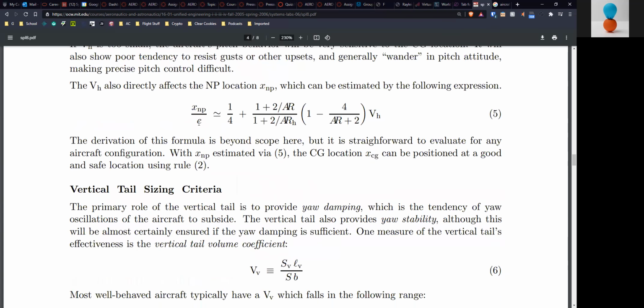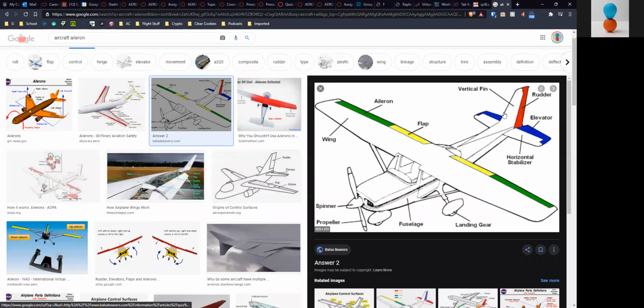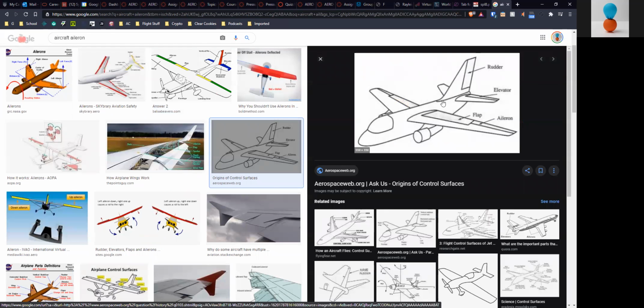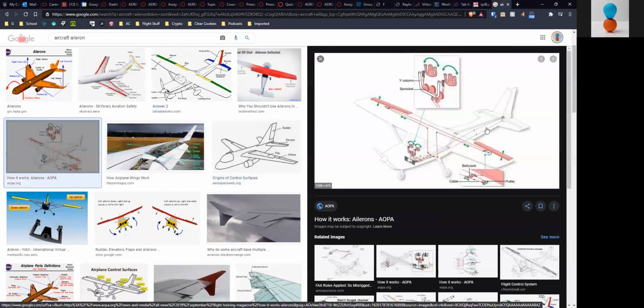And a lot of times, as you might have noticed, the vertical and horizontal tails tend to be located at about the same moment arm. Honestly, in my experience, that's pretty much just because it's easier.